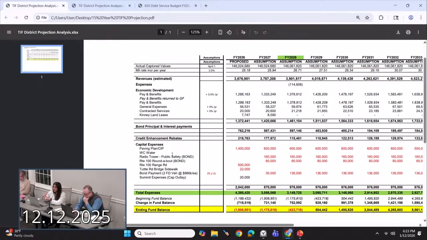I think those were the three big ones that we have. And then still moving forward, about $600,000 for continuing our paving projects. And that's for the specifics each year.